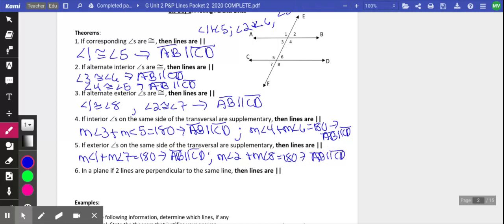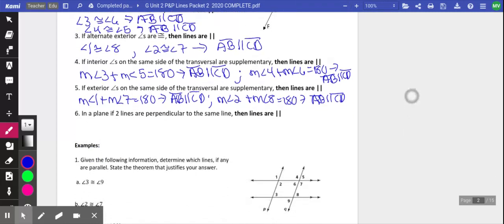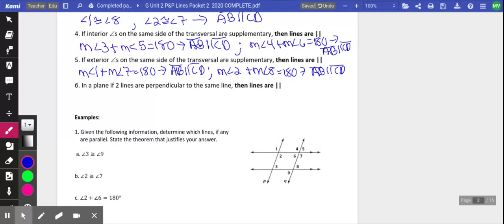In a plane, if two lines are perpendicular to the same line, then those are parallel. So that's a new theorem, but that's saying that if I have this line AB, where CD is perpendicular to it, and EF is also perpendicular. So it's saying then I know that CD is parallel to EF.